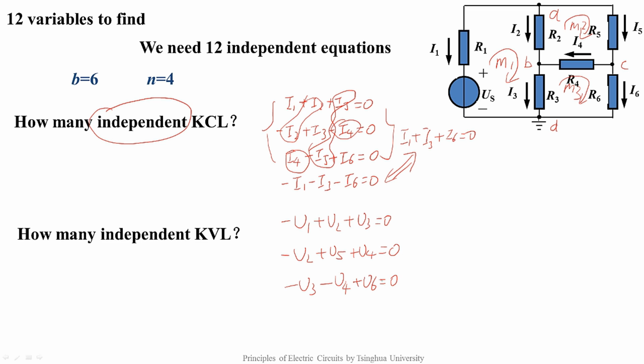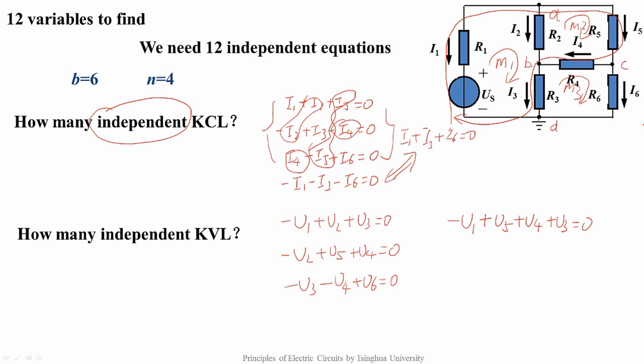Except for the meshes, it has other loops, such as this. It is a loop. Can this loop provide another independent KVL equation? Let's verify it. Minus U1 plus U5 plus U4 plus U3 is equal to 0.